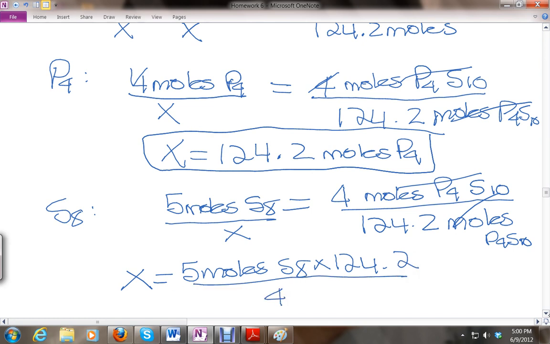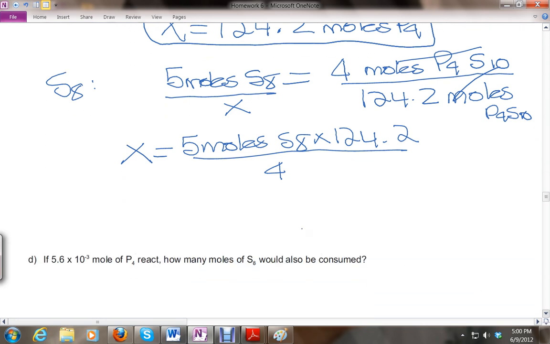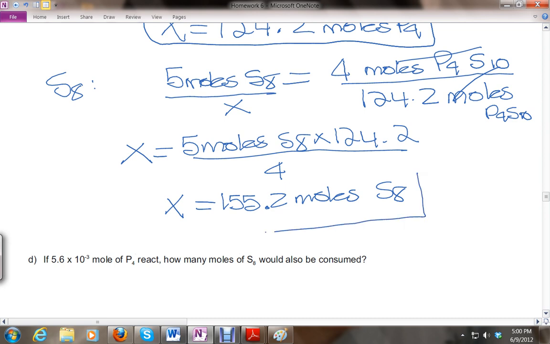And this is going to give me 155.2 moles of S8. If you remember, 124.2 is the amount they gave us initially in the data, on question C, letter C.